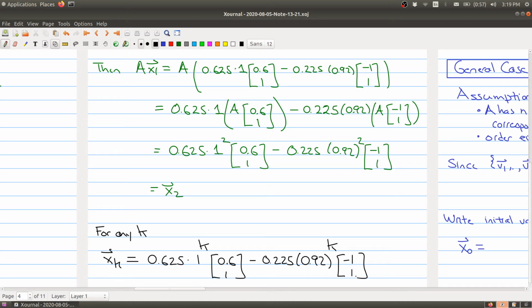So here I have a formula for the kth value in my dynamical system, expressed in terms of the powers of eigenvalues and eigenvectors.